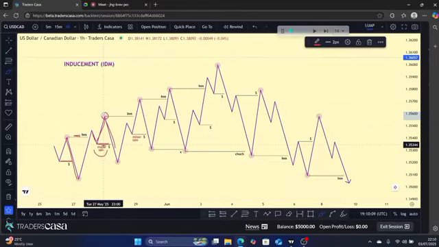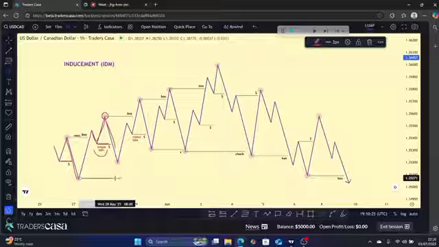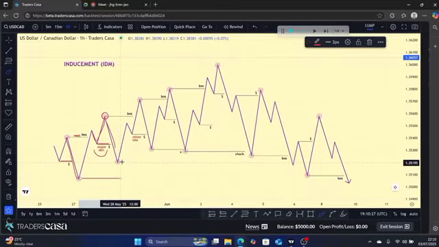This takeout can be by a wick or a candle close. It doesn't matter. Even though we don't consider how far the price continues down, we need to make sure that this previous swing point low is actually protected. Then price reverses back and breaks past our confirmed swing point. So that's a valid break of structure.